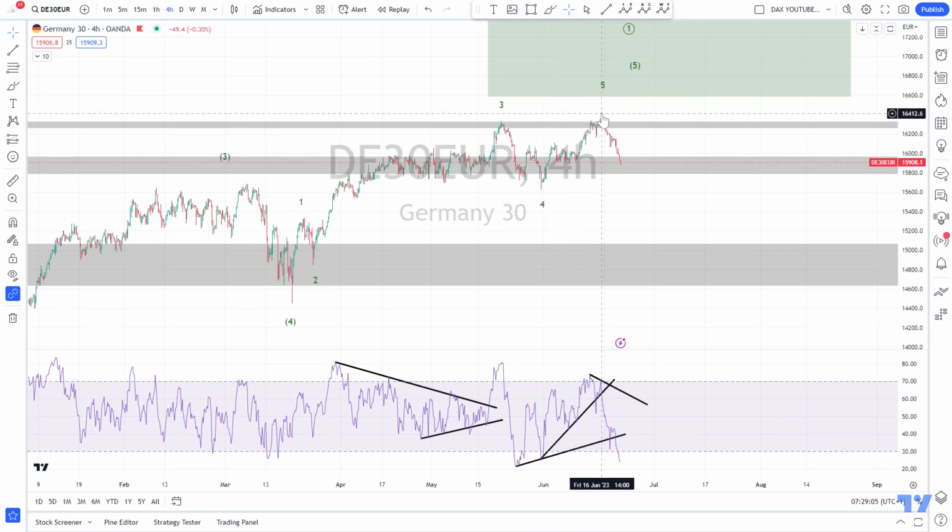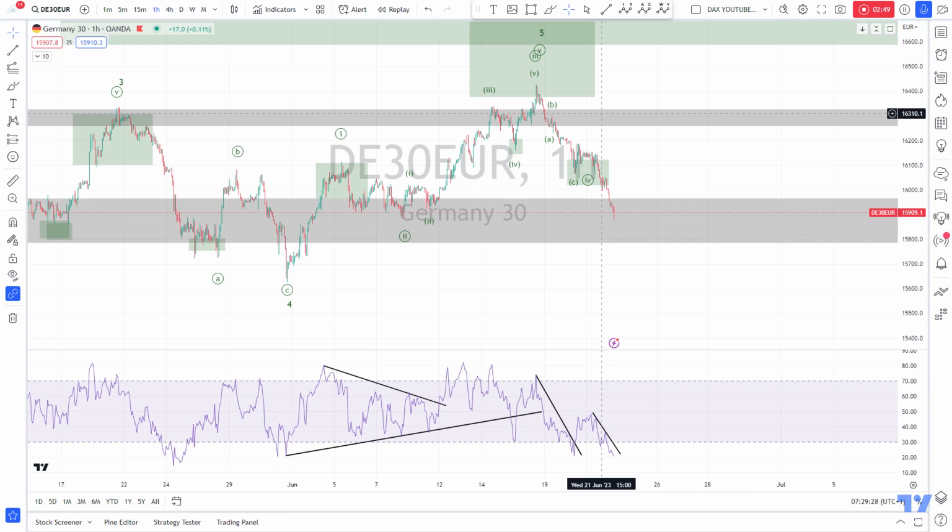So everything could be there for our pullback in the higher time frame. That does not mean that it will happen. We just have to be aware that it could happen, and therefore we have to start being careful with our long trades in the lower time frame.